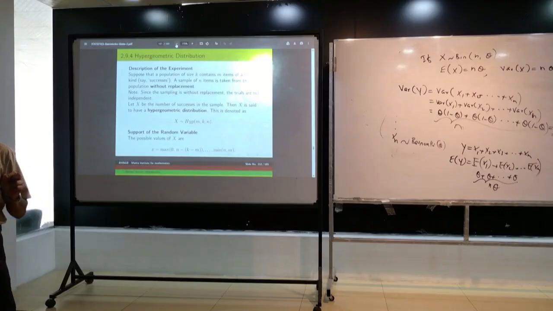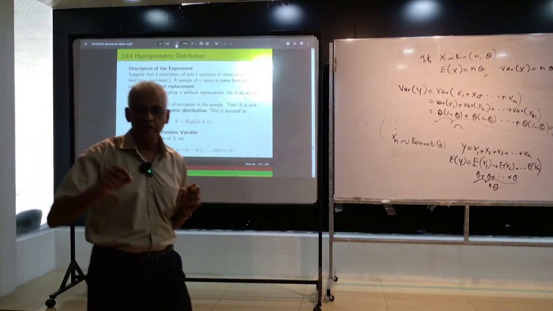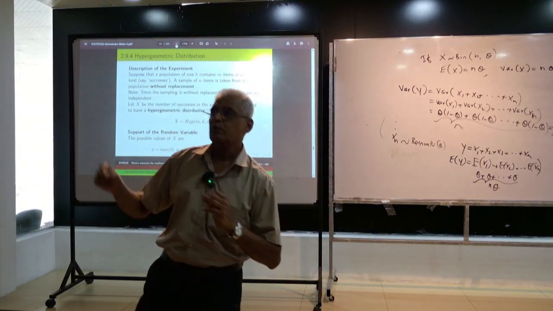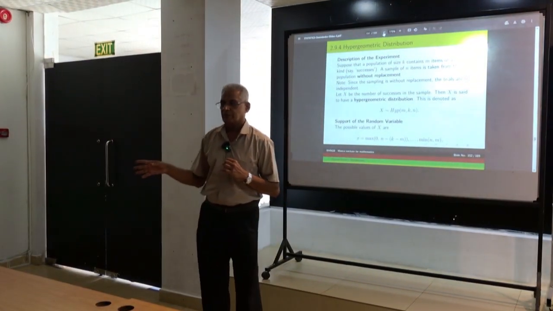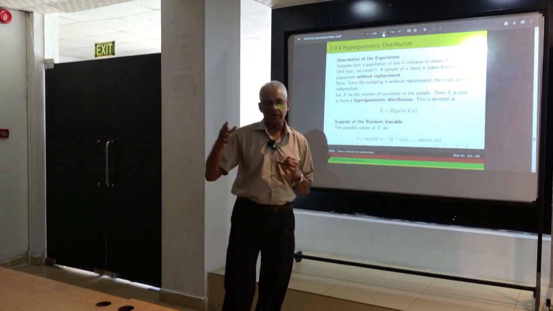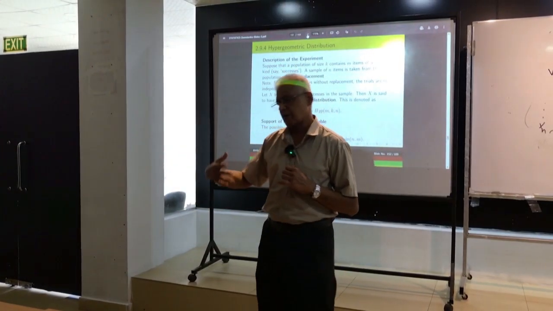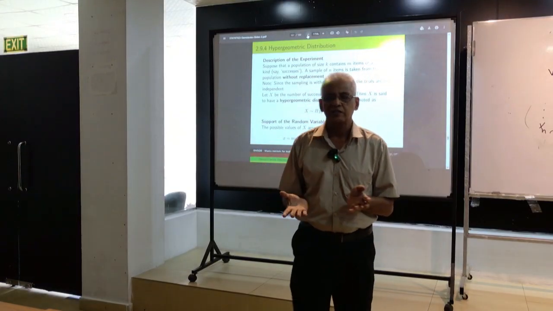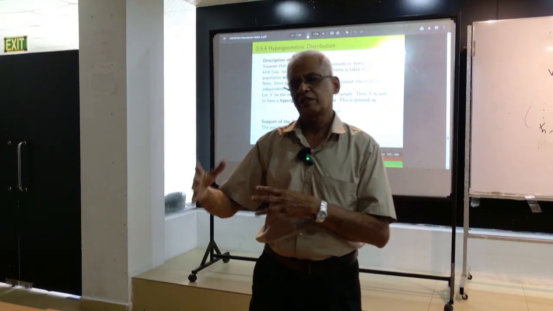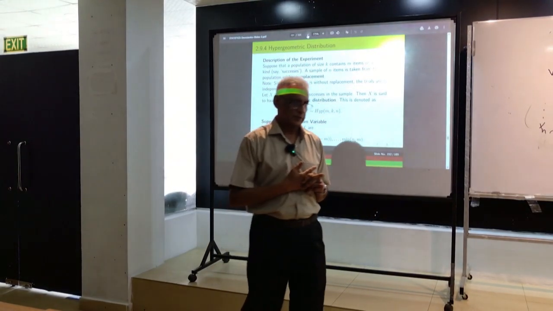Now, another case is remaining. What happens if you take a random sample from a finite population without replacement, and if the population is not that large? We take a sample from a population that is not that large. Normally, when we say we take a sample, it means without replacement, unless it is specifically mentioned that the sample is with replacement.